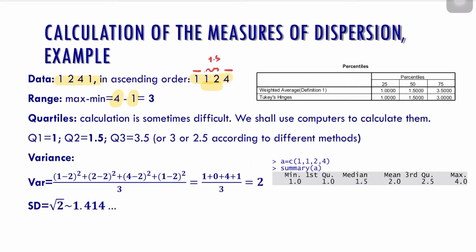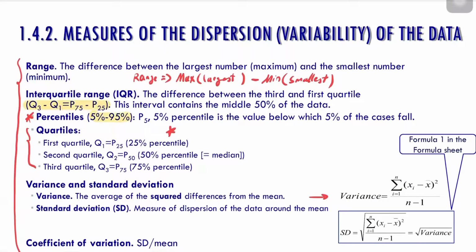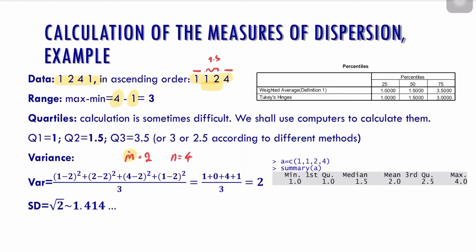And we can find the variance. I found the average, the mean, and the number of data is 4. We can find the variance with n-1, in this case 4 minus 1, which is 3. And we can find this data's variance is 2. The square root of 2 is 1.414.